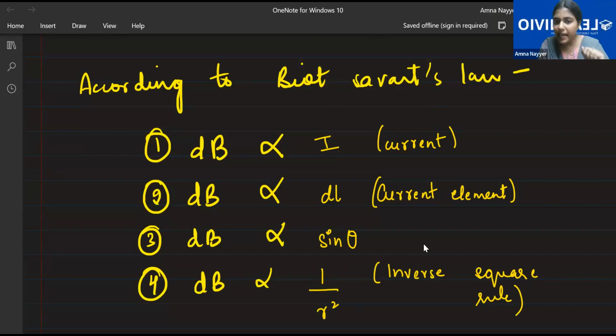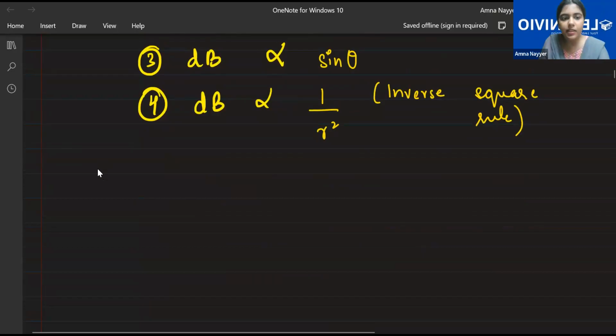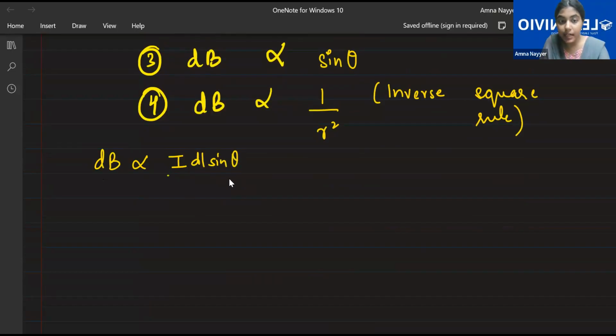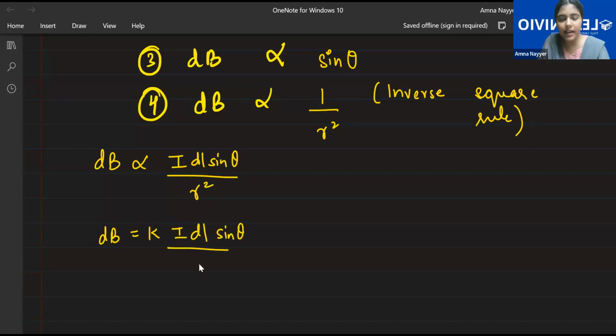Now, when I combine all of this, I'll have dB is directly proportional to I into dl into sine theta divided by r square, because it is inversely proportional. Here again a constant will come to remove the proportionality sign. Now compare it with electrostatics.